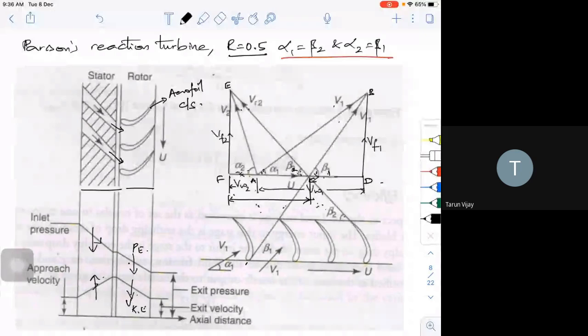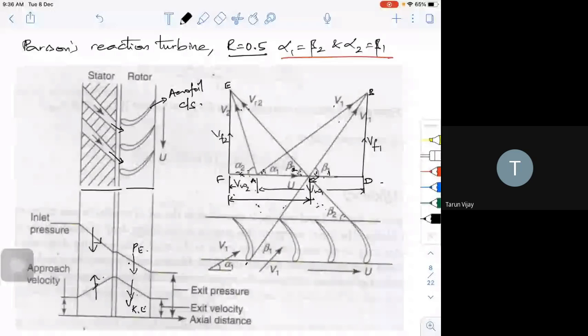So your inlet velocity triangle will be the same as the exit if my degree of reaction is 0.5. That was not the case in a De Laval turbine. Even though we had beta 1 equal to beta 2, my velocity triangles were a little bit different. But in this case, for degree of reaction R equal to 0.5, I will be getting symmetrical triangles. That's one more thing.